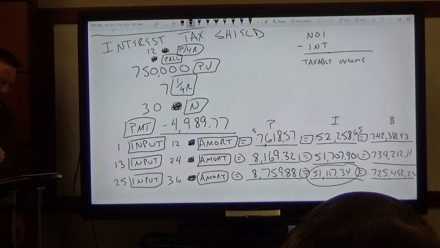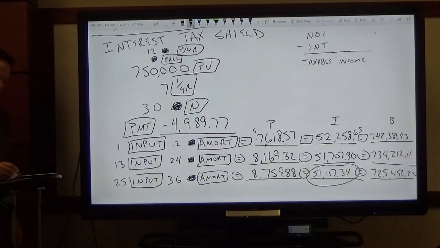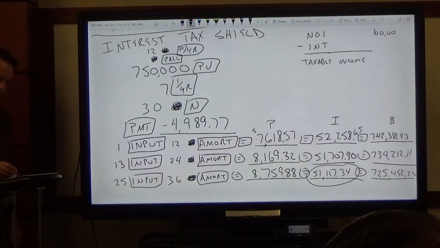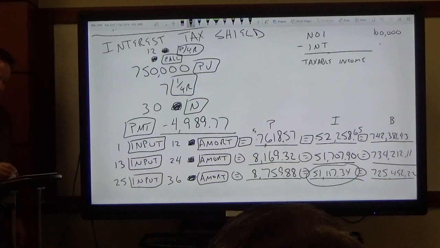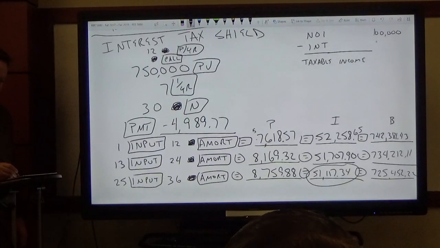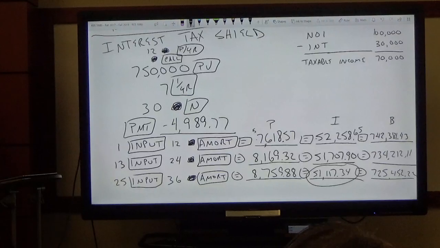So let's say that we had 100,000 of net operating income, and our interest expense was 30,000, then that means our taxable income is now 70,000.